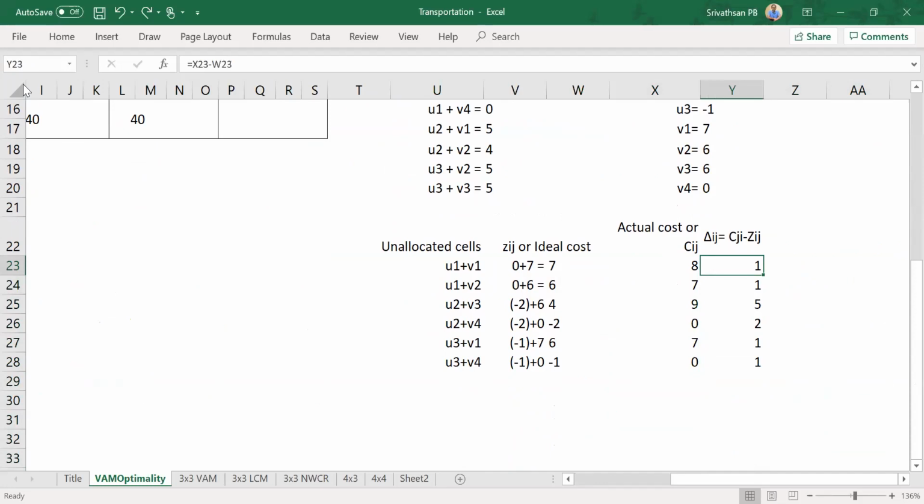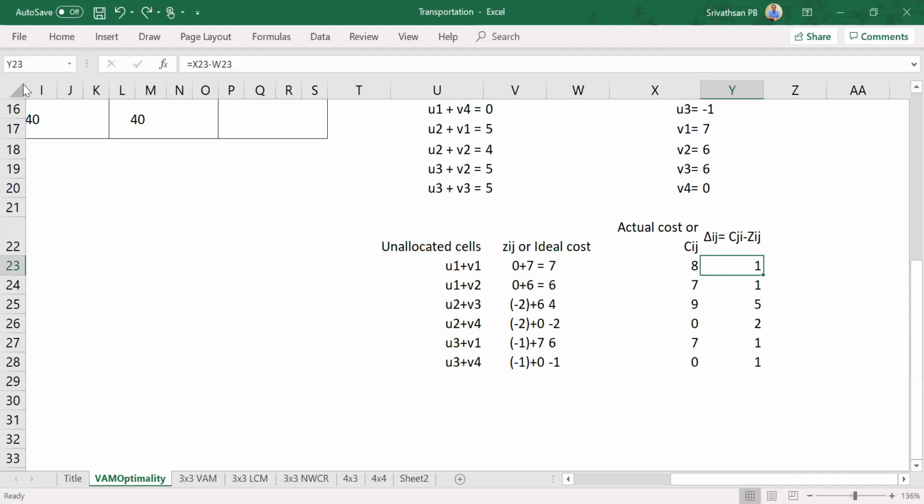Instead of just remembering positive or negative, remember that the ideal cost must be more than the actual cost, or the actual cost must be less than the ideal cost. Then there is some opportunity. If both costs are equal, then there are alternative solutions possible in this problem.